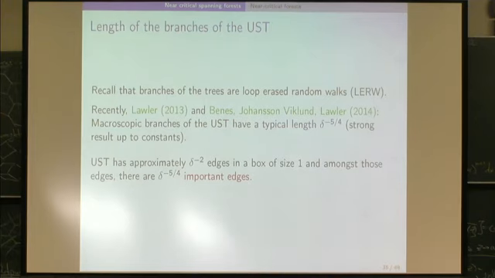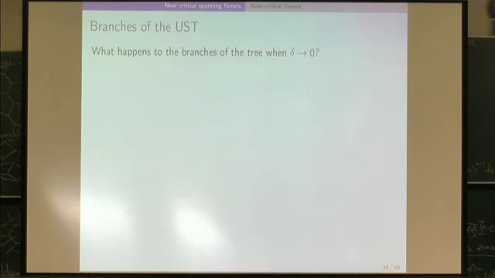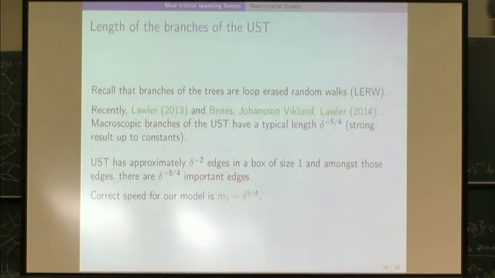So if you just pick an edge at random in a uniform spanning tree like this, you will be very close to a leaf and not in a macroscopic branch. But for us, it gives the correct speed for our model, which should be delta to the power 5/4.